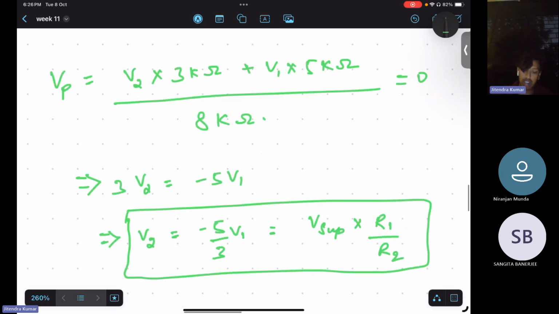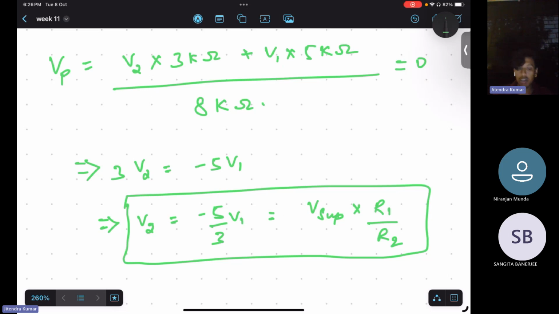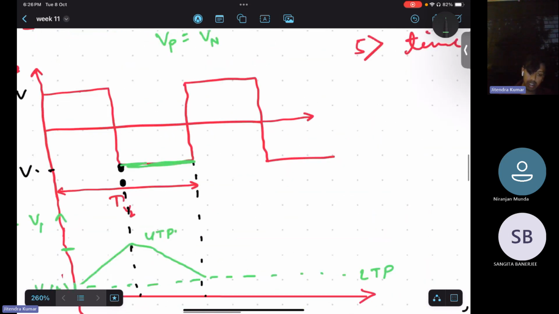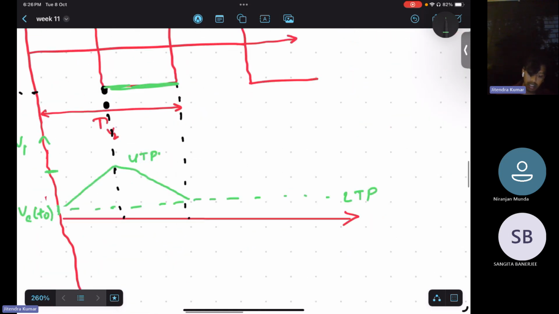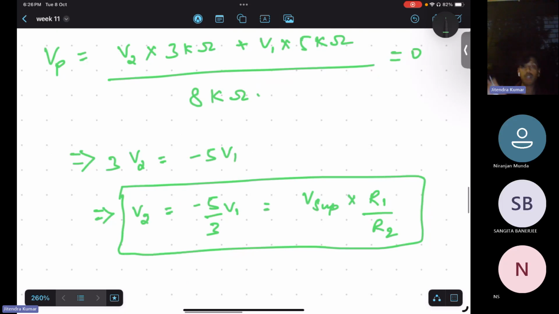If you can't remember, you may forget, but if you just observe the circuit here, you just need to equate both the terminals and the slope of Vp, right? And we can apply superposition or the voltage division rule here at Vp, and you will easily get this expression: V2 is equal to minus 5 by 3 V1.